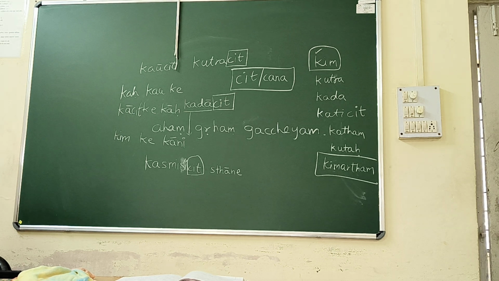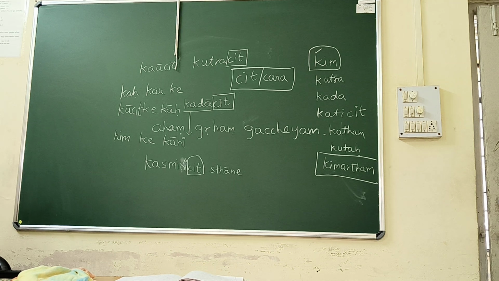So when you add these two suffixes, chit and chana, to the seven words except kimartham, and to all the forms of kim, you get that indefinite meaning. We are not sure, so it's indefinite. Got it? It is used many times in your text.